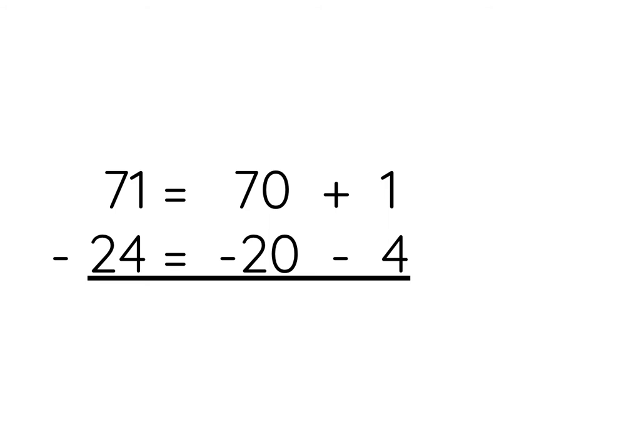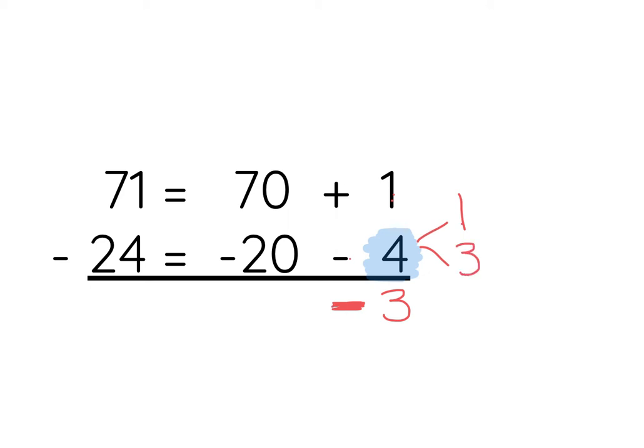We have 71 subtract 24. I'm going to look for my big digit. I notice that the 4 is larger than the 1. So that means, if you'll remember, that we will have a negative number there, because 1 subtract 4 puts me at negative 3, because 1 minus 1 equals 0, and then I still have 3 more to go.